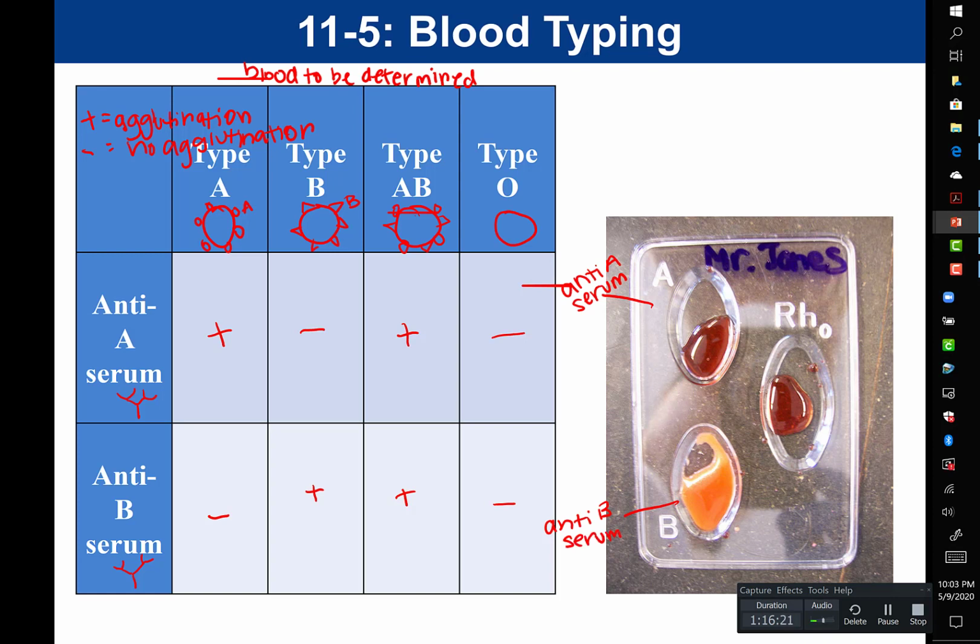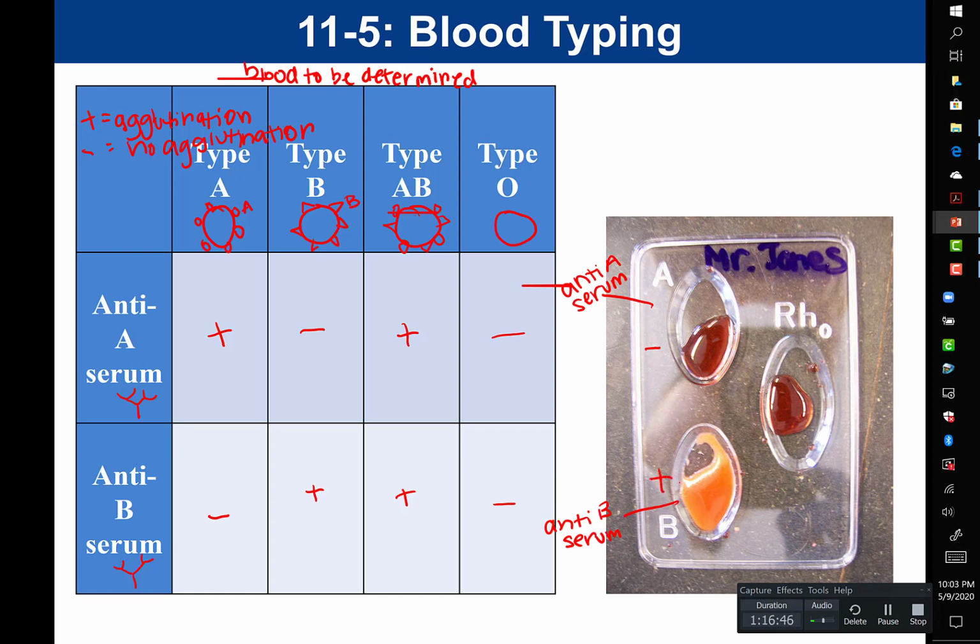So notice that in A, we don't get any agglutination. Notice that the blood is clear. You don't see precipitates forming in the blood. So we got no agglutination for A. We mix Mr. Jones' blood with anti-B serum. And notice that you can see this cloudiness here. That's agglutination.